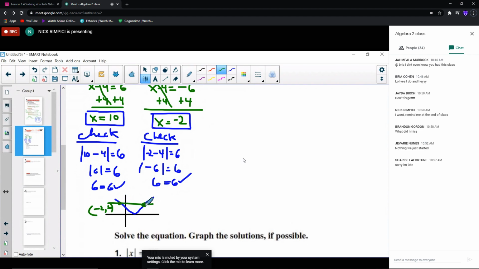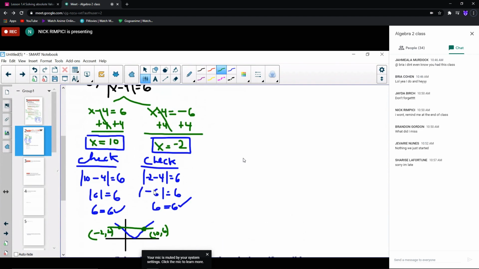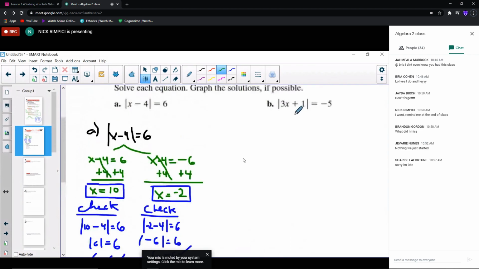And this coordinate right here was 10, comma 6. So I have negative 2 and I have 10. Those are my answers, so it works. That's all for this one. If there aren't any questions, I'm going to move on to question B.